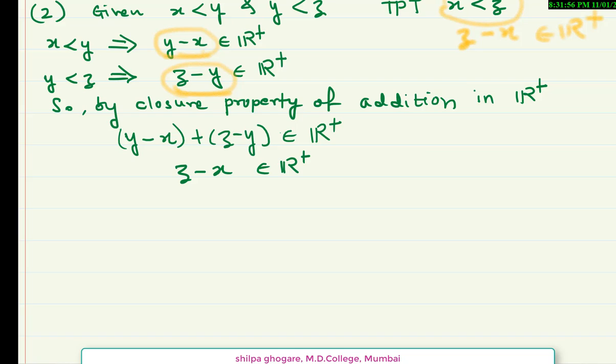Now z minus x belongs to R plus means you get x is less than z, and that is my TPT. So I am done. The proof is over. We stop here now, and in the next video I will prove some more results under theorem 1.2.4. Thank you.